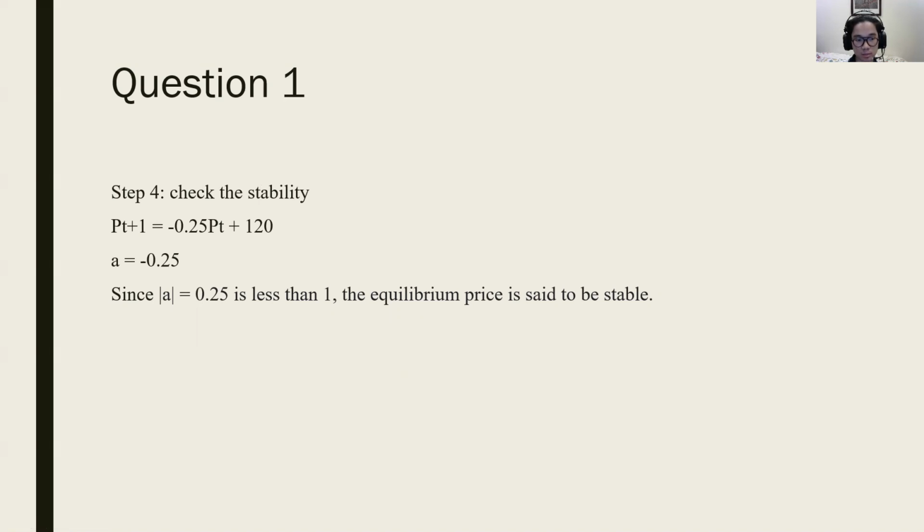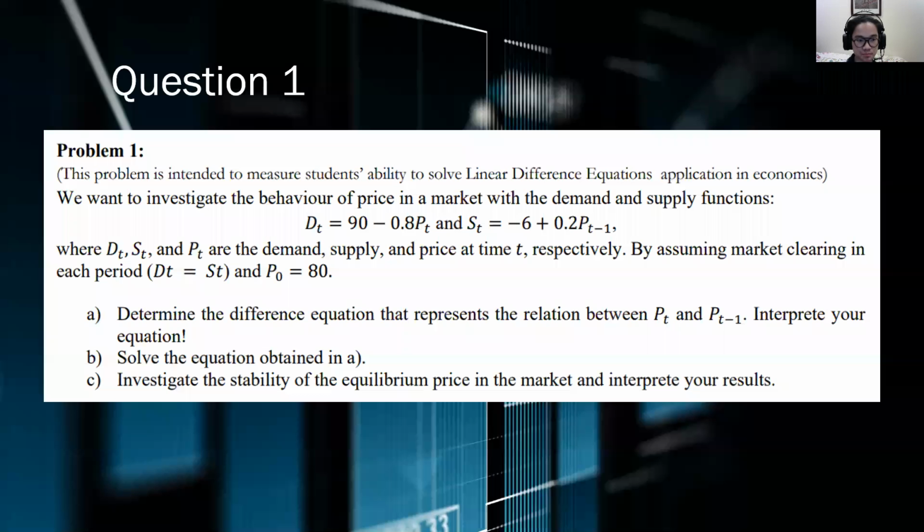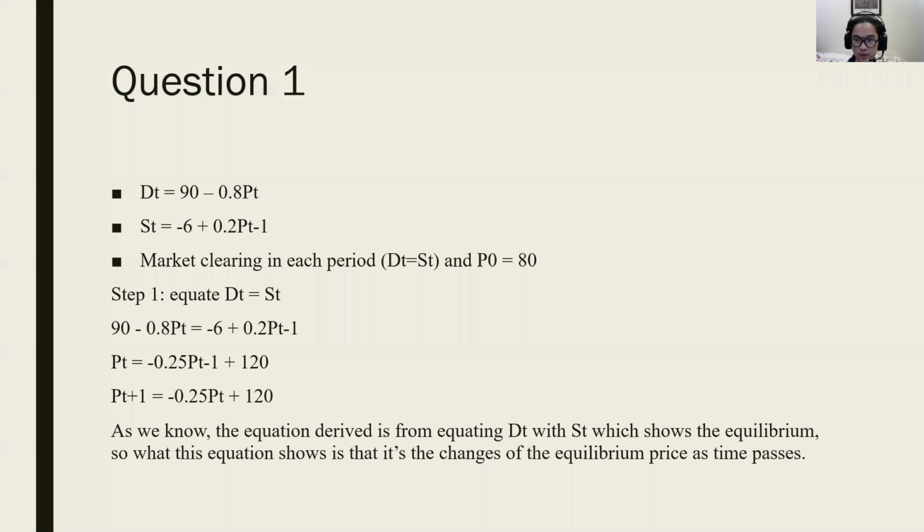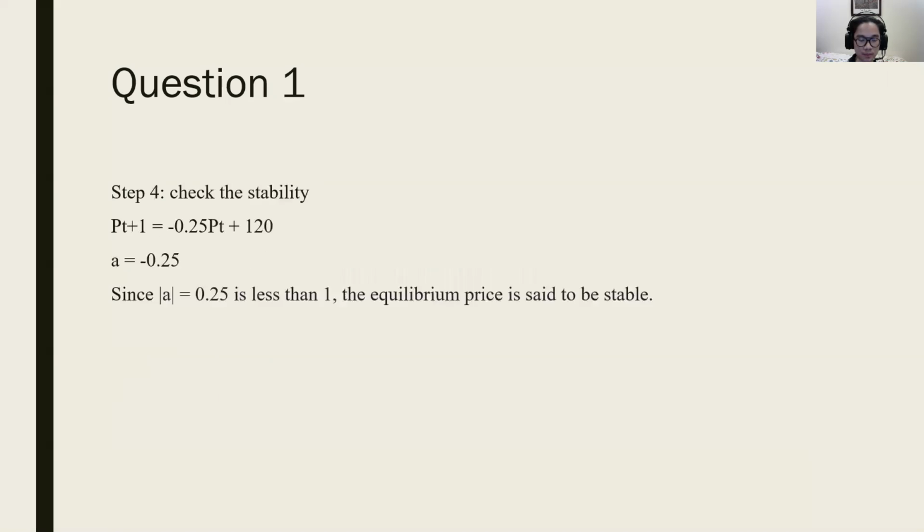Now for the last part, we are asked to check the stability of the equation. Now, for a linear difference equation, the objective of the stability is that when the absolute value of A is less than 1, the equation is said to be stable.